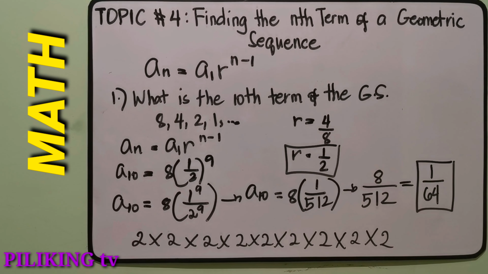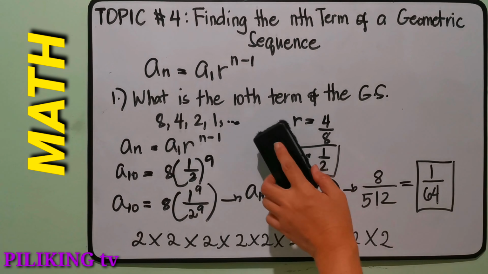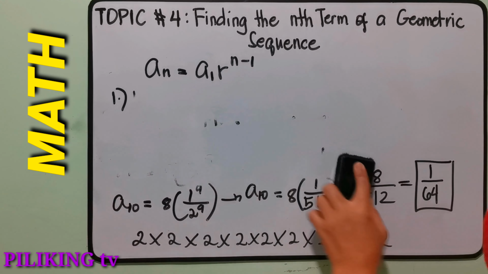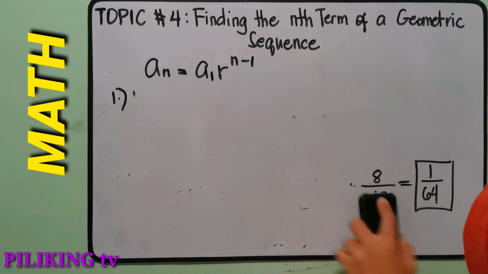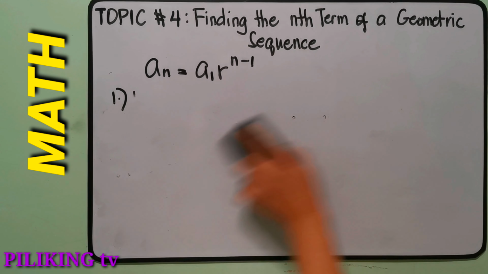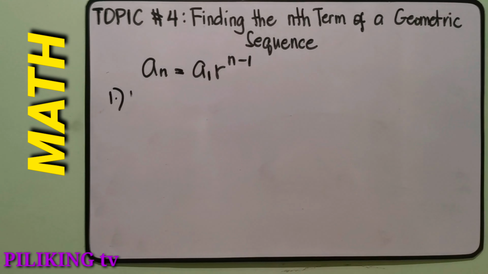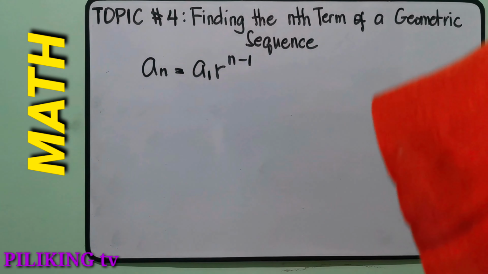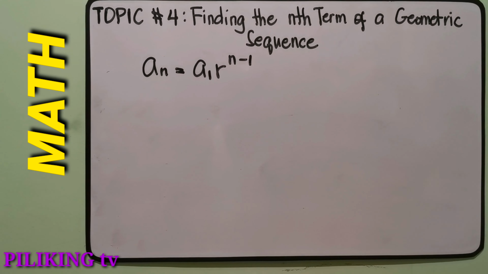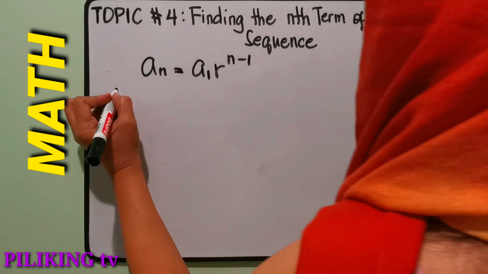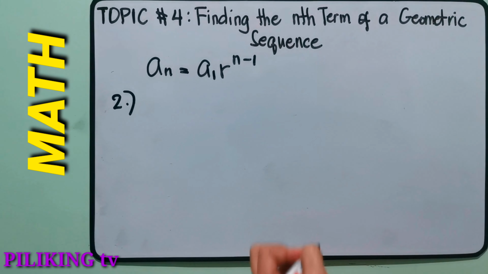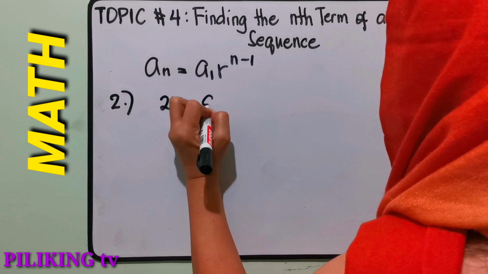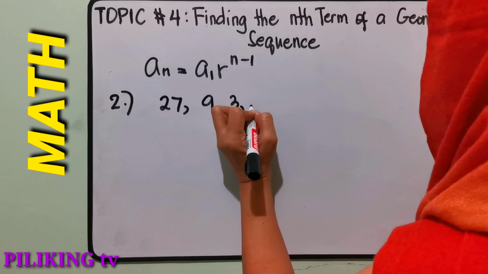Okay, let's have number 2 example. So we have 27, 9, 3.